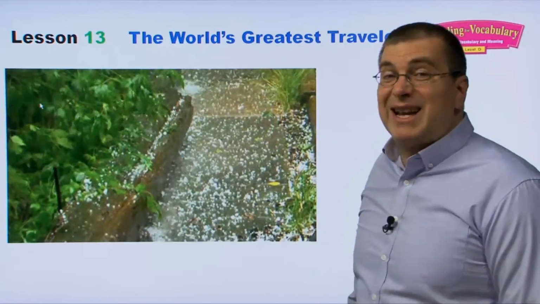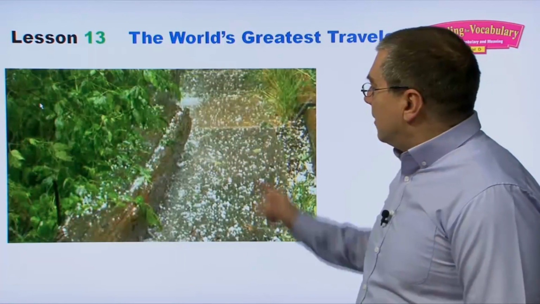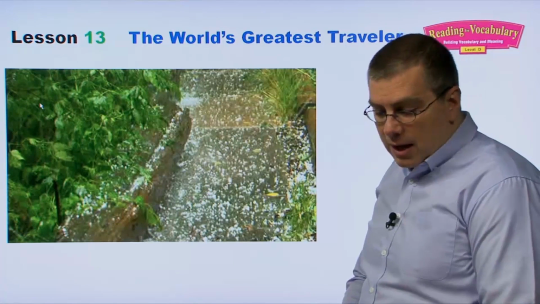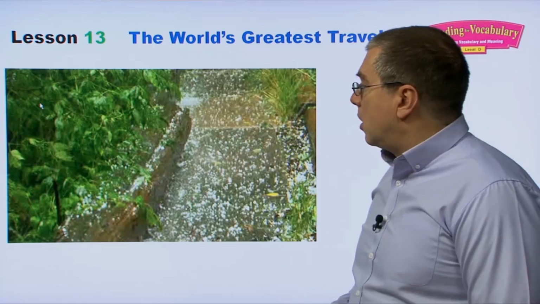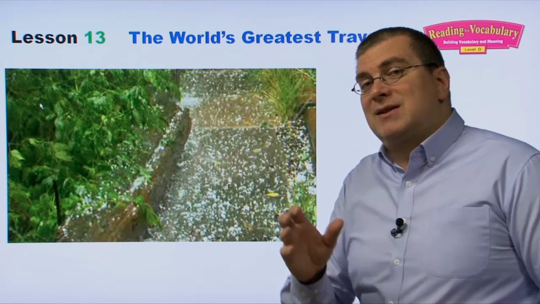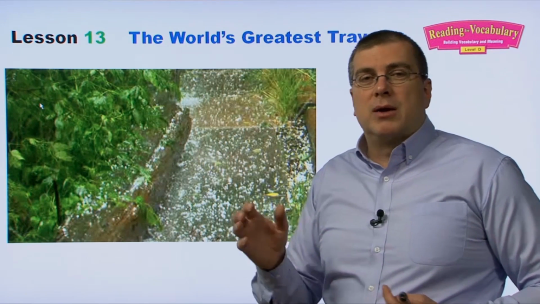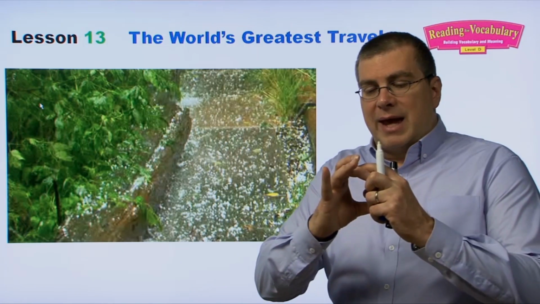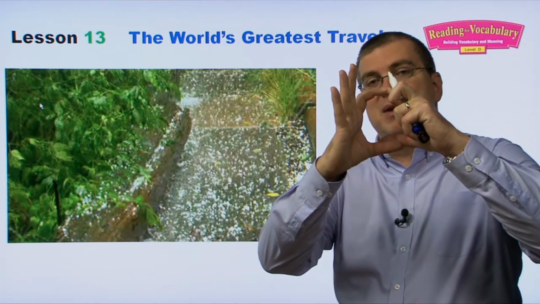They're little pieces of ice, right? Now, thankfully, these little pieces of ice or hail are small. But imagine if they're big. In some places in America, maybe other parts of the world, I'm not sure, but in America, the hail can get to be this big.